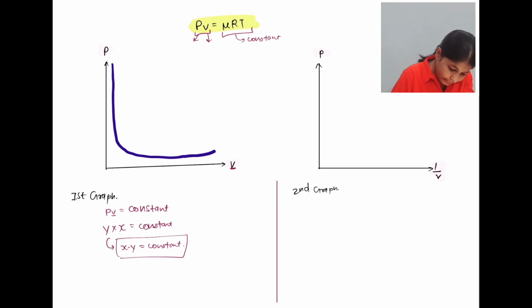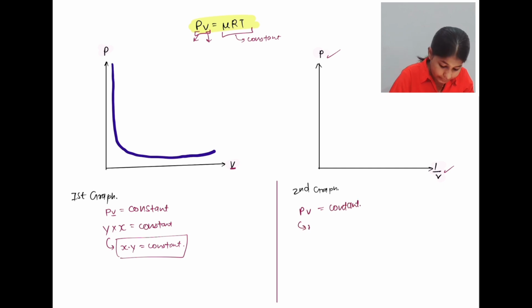Here you can see again P, this is V. But you have to plot the graph between P and 1 by V. So first of all, by the question, can I write P into V is equal to constant?